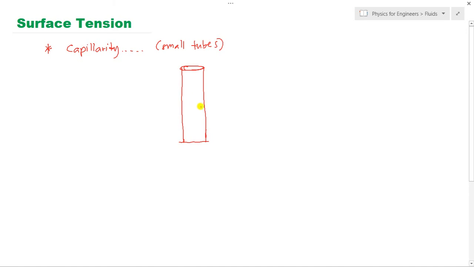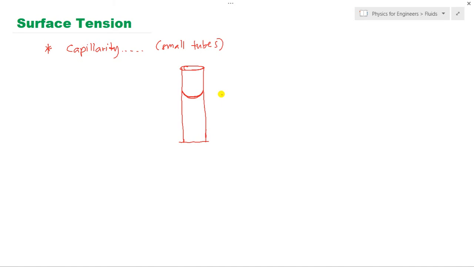And then class, I think you have already encountered this in your chemistry, the fluid curves concave downward, right? Are you familiar with meniscus? The upper meniscus, lower meniscus, right? So assume it has a lower meniscus.